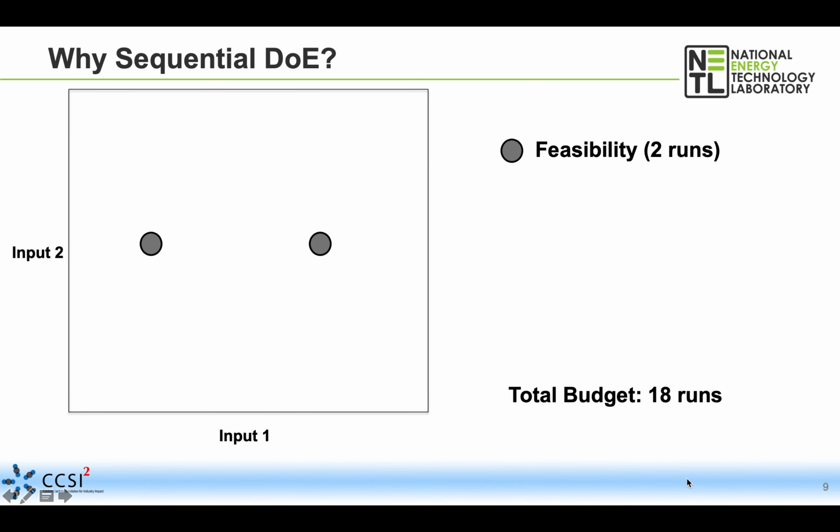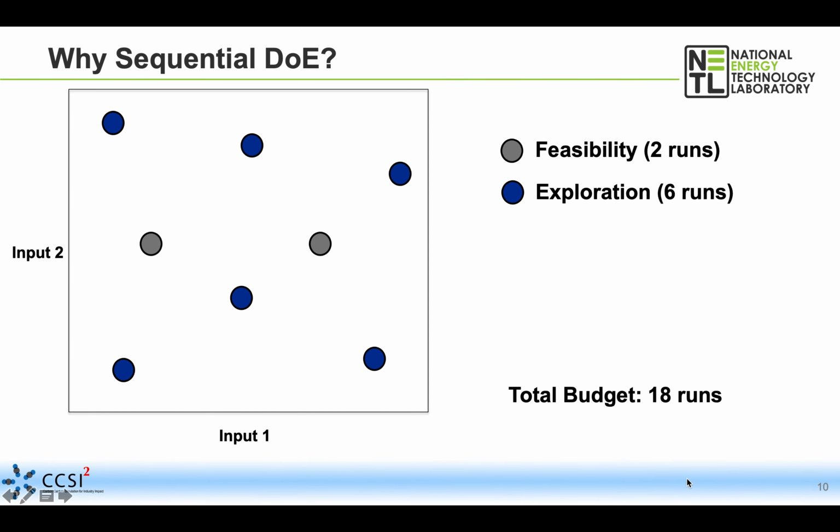So here's a little example of what sequential design of experiments might look like in 2 dimensions. Here we're assuming our input space covers 2 different inputs, and we have a total experimental budget of 18 runs. So using sequential design of experiments, we're going to split that experimental budget up and study this process in stages. Here we might use 2 runs as just a feasibility study to make sure that the process is operating correctly at this scale.